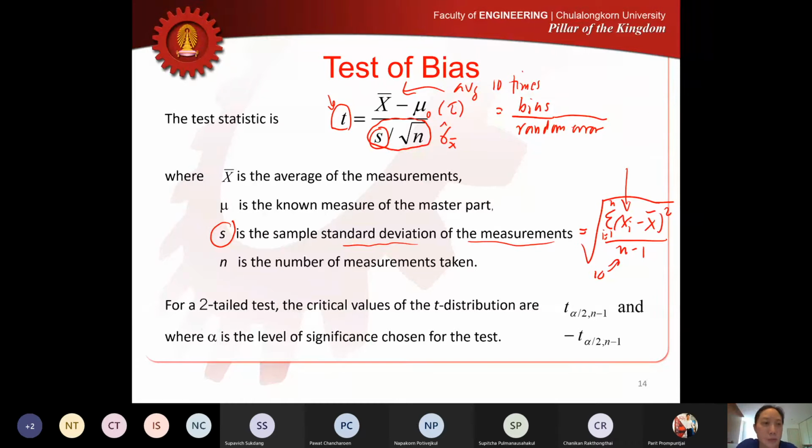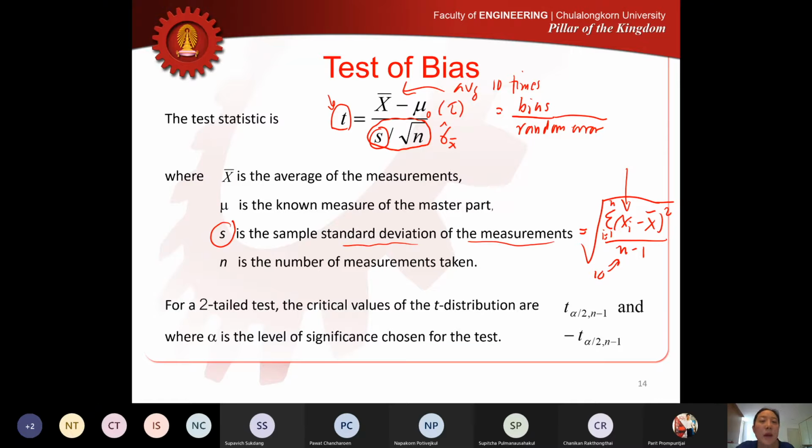So what does S represent in this case? You have to start with the idea that each X means the measurement of the same part, which is the muscle part, but we measure it at different times. So the variation is what we call repeatability.